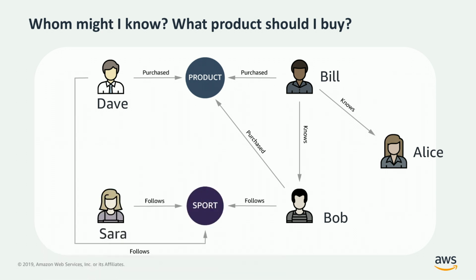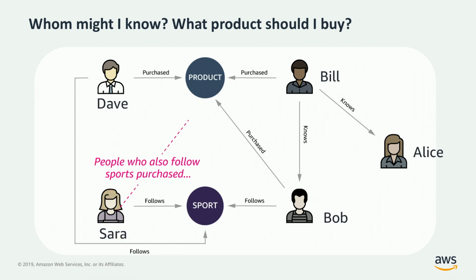And I also have some shared interest information. So I can see that Bob follows sports and Sarah follows sports. By using a technique called triadic closure, which is basically that a triangle is the smallest fully connected subgraph in a graph, by finding relationships I can create to complete triangles, I can do the start of a recommendation engine.